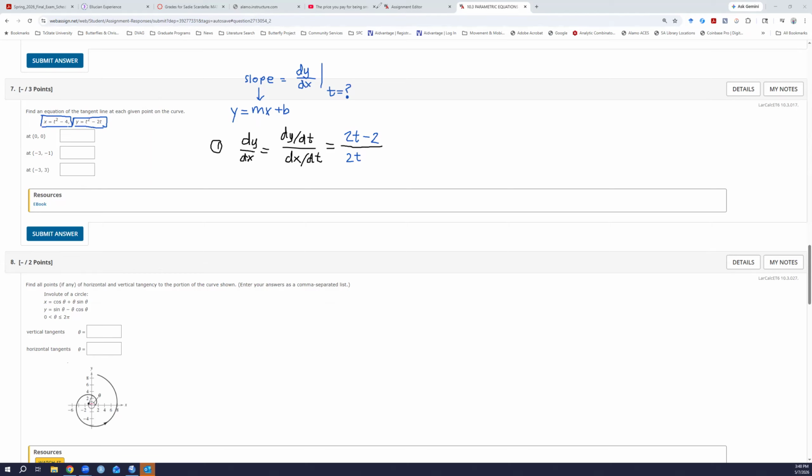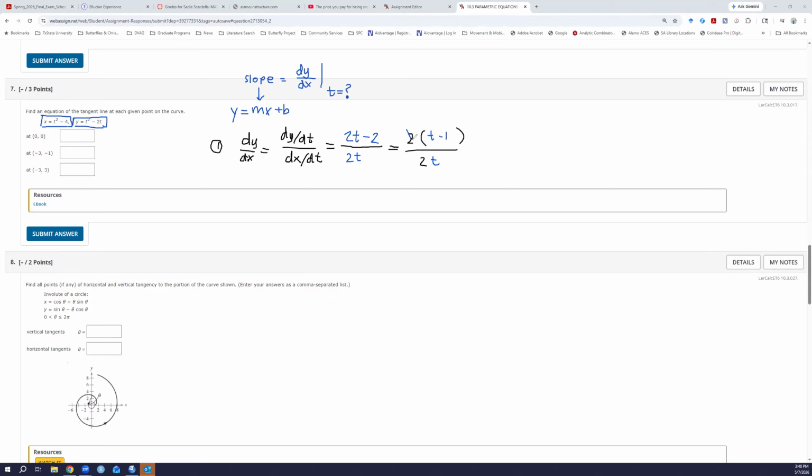Okay. Now, if we want to do a little bit of extra simplification, I notice that both of those terms in the numerator have a factor of 2. So we could factor out a 2 from our numerator, which will leave us with a t minus 1, okay, over 2t.